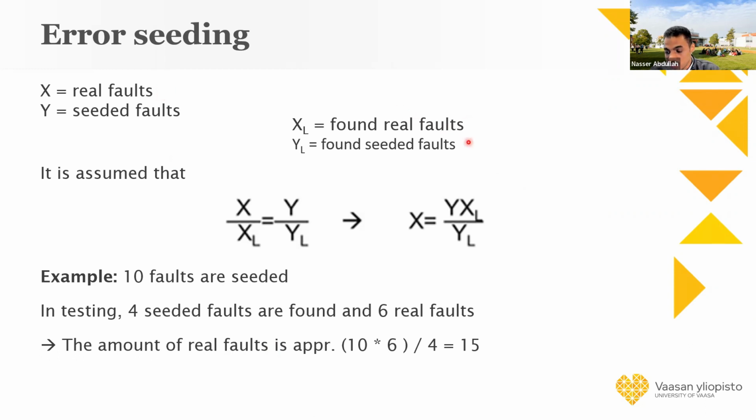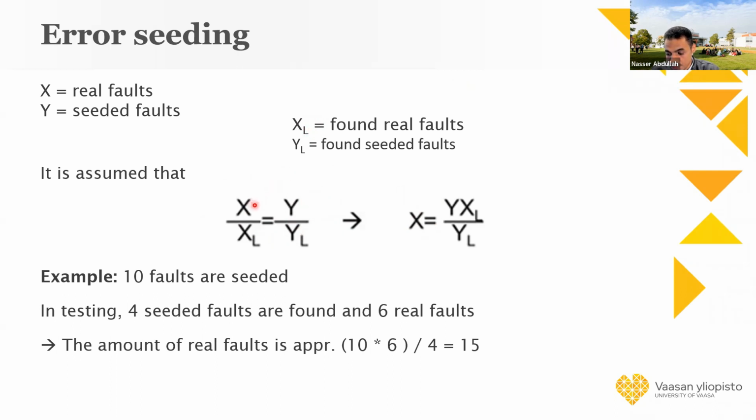Once you do the testing, you will find some faults, and your manager should know whether this is a real fault or a seeded fault. Of course, they will know. So this formula can help to calculate the real faults based on how many faults you find. It is just a simple formula.